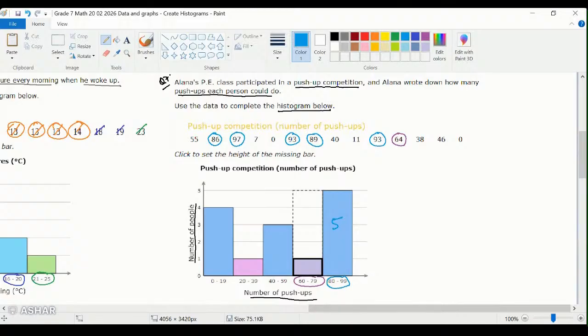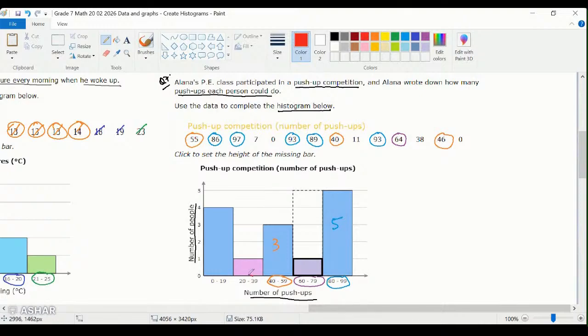Agreed? Depending on the information that we have been provided, between 40 and 59: 1, 2, and 3. That means the height would be 3.